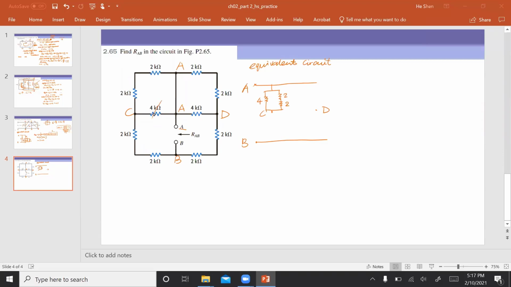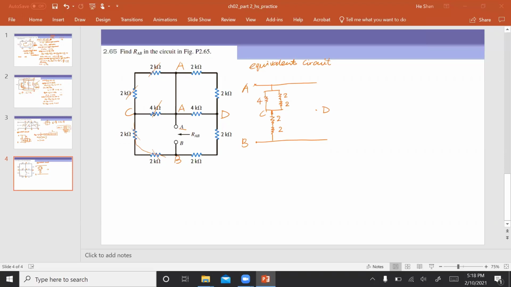Let me just chop them off so that I will remember which one I counted already. Between C and B, there is only one branch. It goes from here, right? So it follows one path from C to B. So between C and B, there are two resistors in series. One is a 2, the other one is a 2. So we finished everything between A and B through this node C.